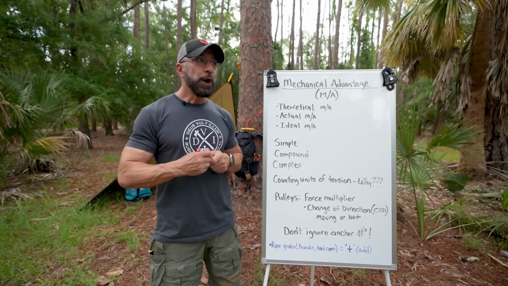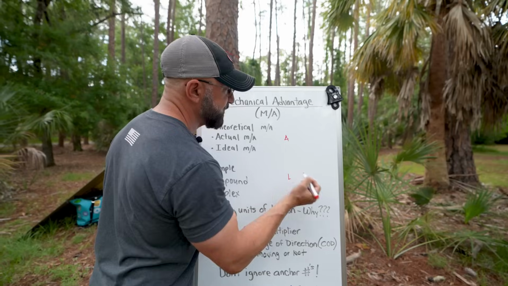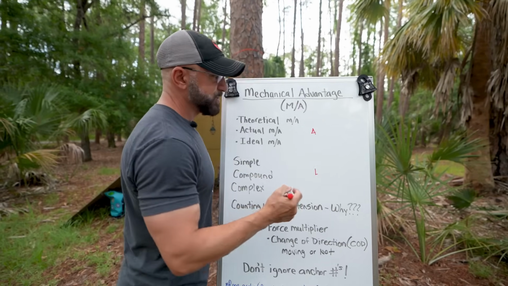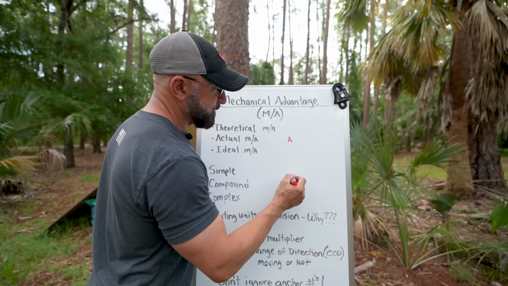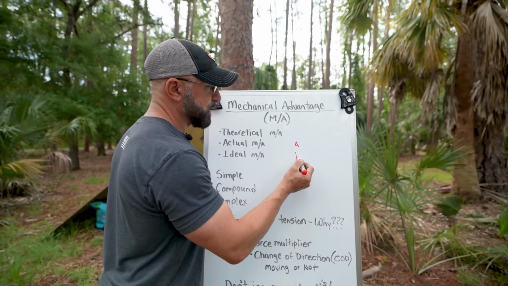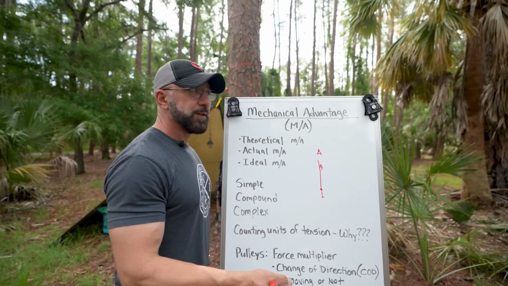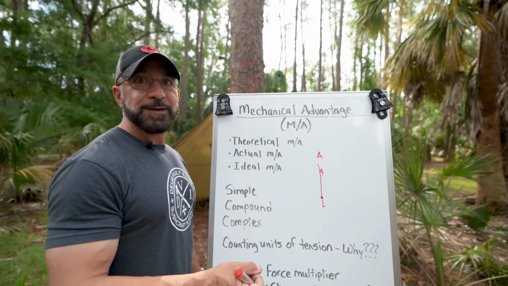So everyone knows that if our anchor is here and our load is here, anybody that's dabbled in this knows if we tie our rope here and we pull on the load in this direction, that's one person pulling a load. It's a 1-to-1, right?